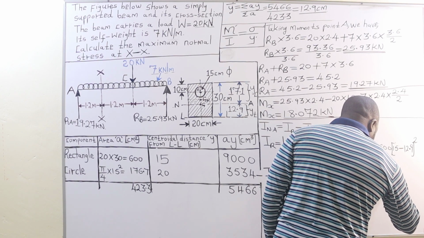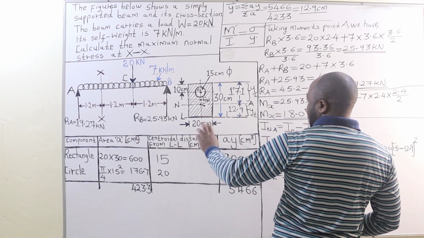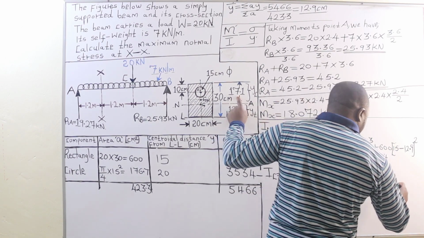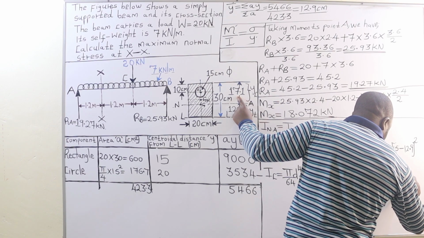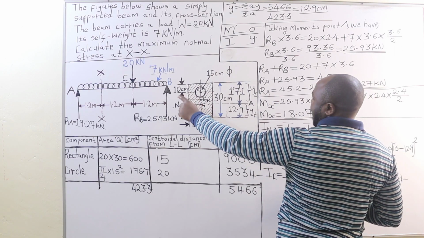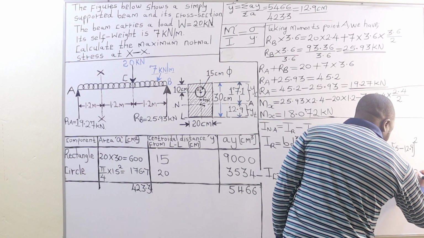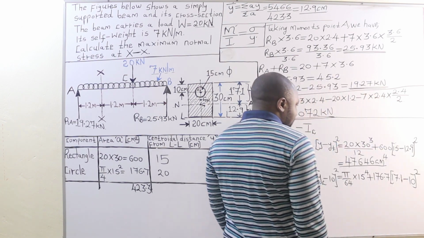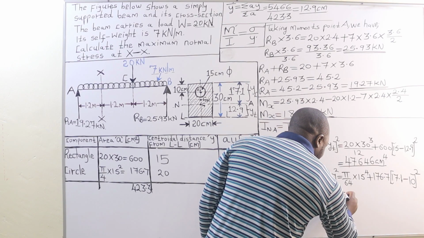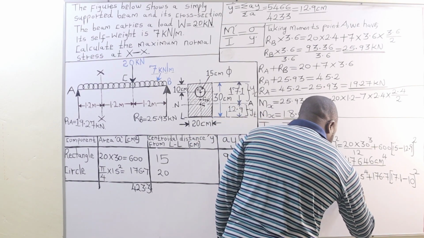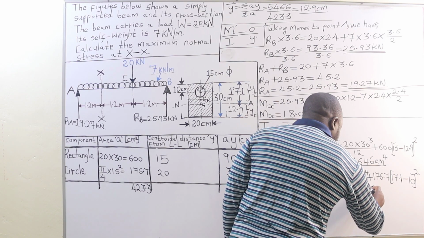So 176.7 square centimeters into yc, which is 17.1 centimeters minus 10 centimeters, and then we square that. So when we carry out our calculation, that's going to give us 11,393.